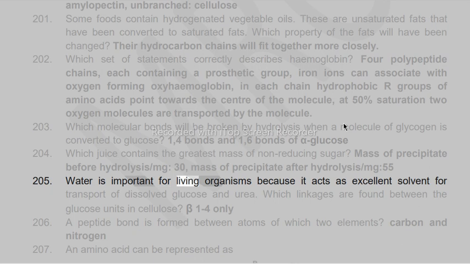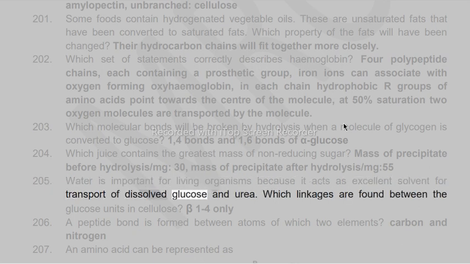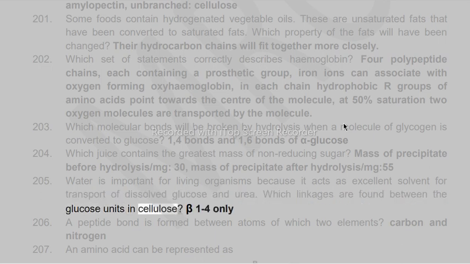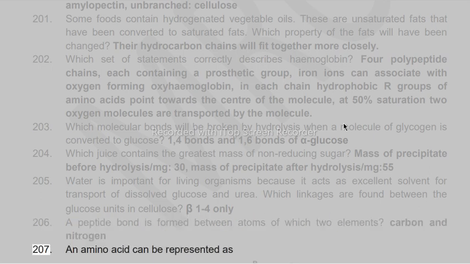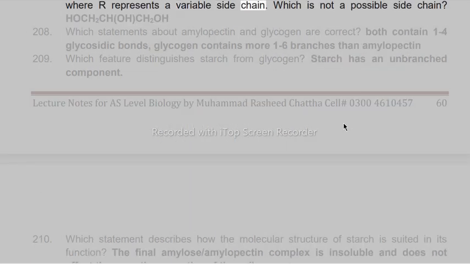Water is important for living organisms because it acts as excellent solvent for transport of dissolved glucose and urea. Which linkages are found between the glucose units in cellulose? Beta 1 to 4 only. 206. A peptide bond is formed between atoms of which two elements? Carbon and nitrogen. 207. An amino acid can be represented as follows, where R represents a variable side chain. Which is not a possible side chain?